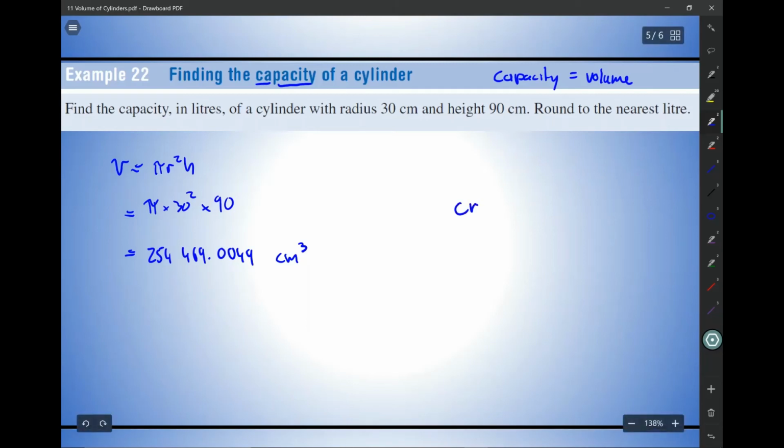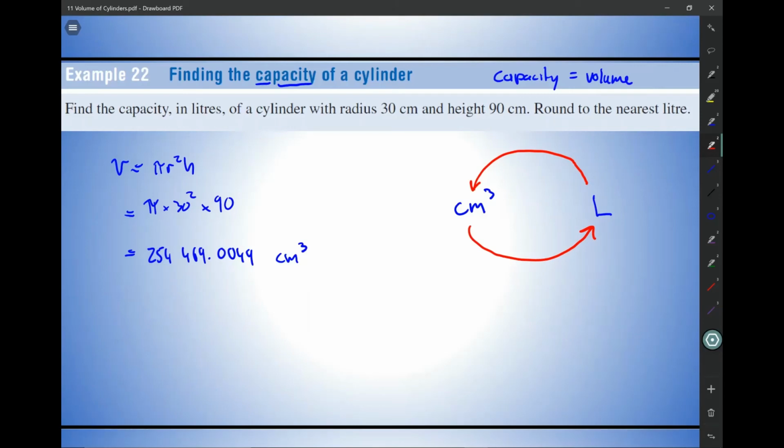So I'm going to show you our little diagram. What we're going to do to convert from centimeters cubed into litres is we're going to divide by 1000. Or if you wanted to go the other way, you could times by 1000. Okay, so that's what we're going to do here.